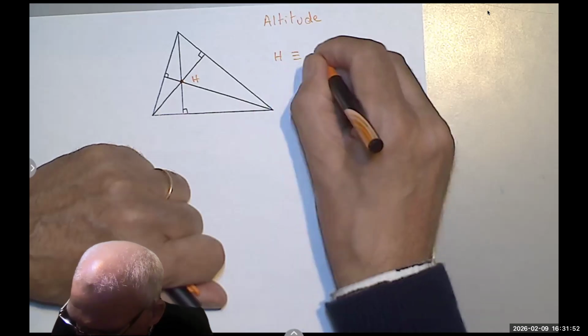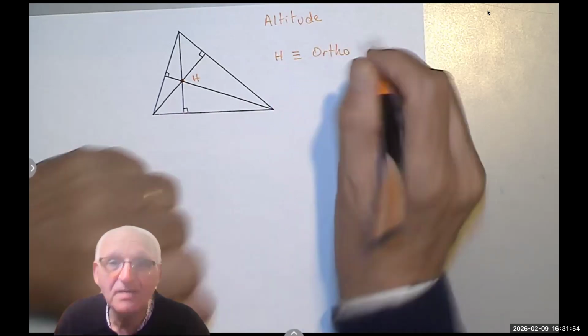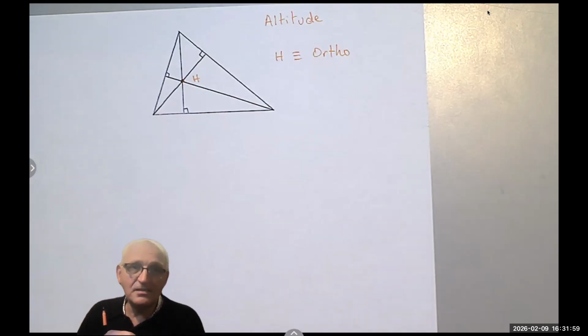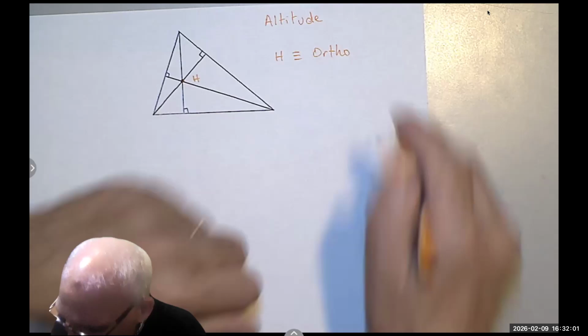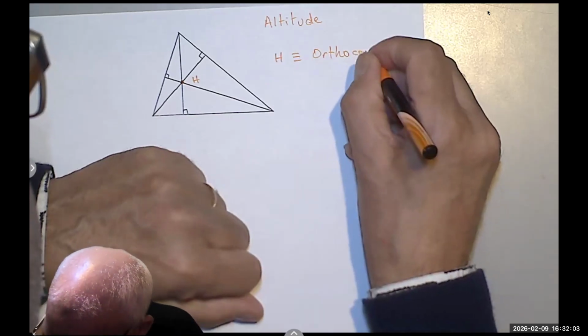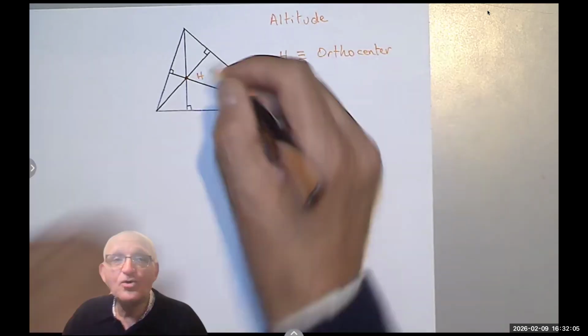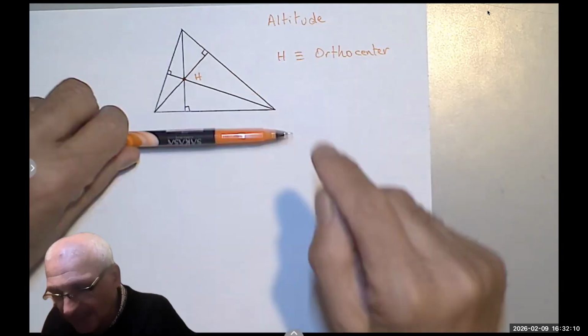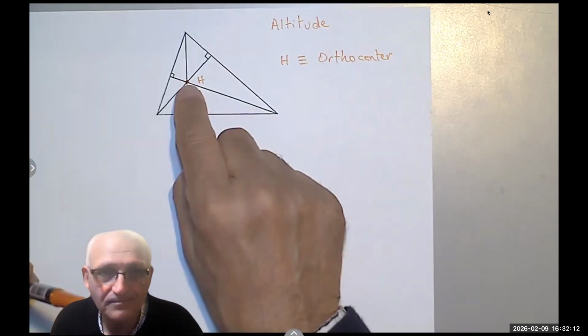H here is called the orthocenter. Ortho comes from the word orthogonal, or another word for perpendicular. This is the center where all the orthogonal lines to the sides intersect.